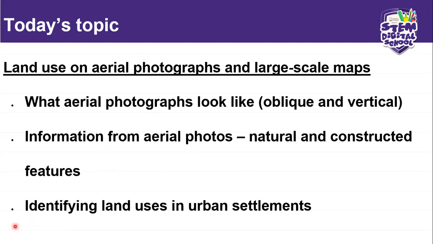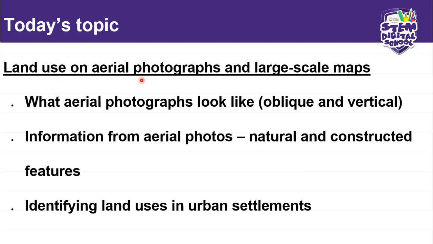Today's main topic is land use on aerial photographs and large-scale maps. We're going to take a look at these aerial photographs and see how the land is used on them.